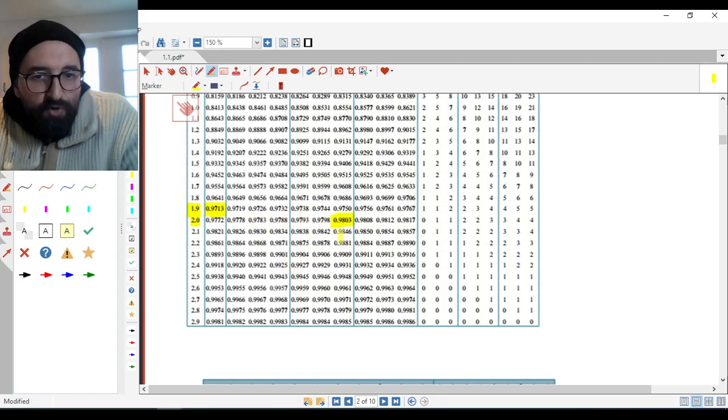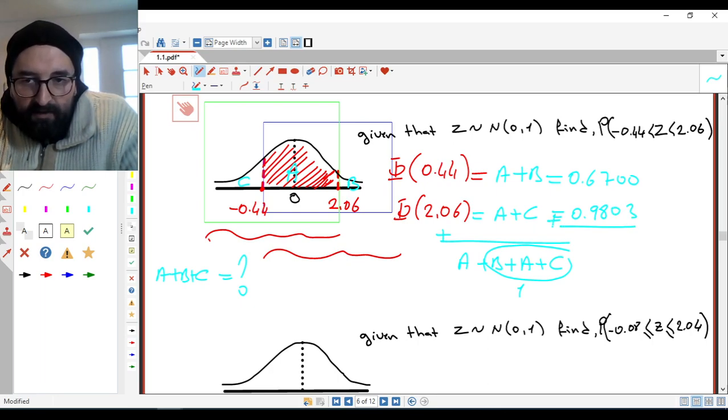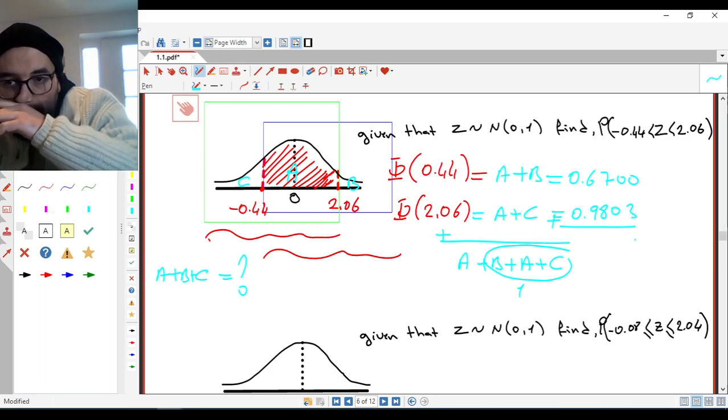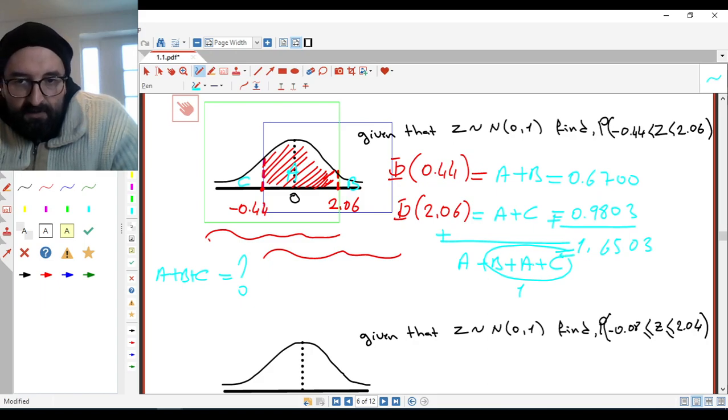It is 0.9803. And if I add both, it is 0, 3, 0, 5, and 6, and 1. But it is this section.